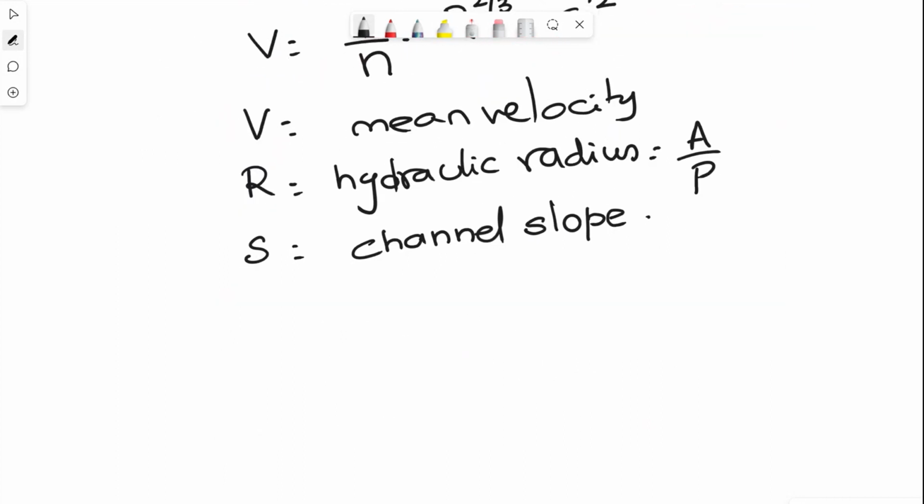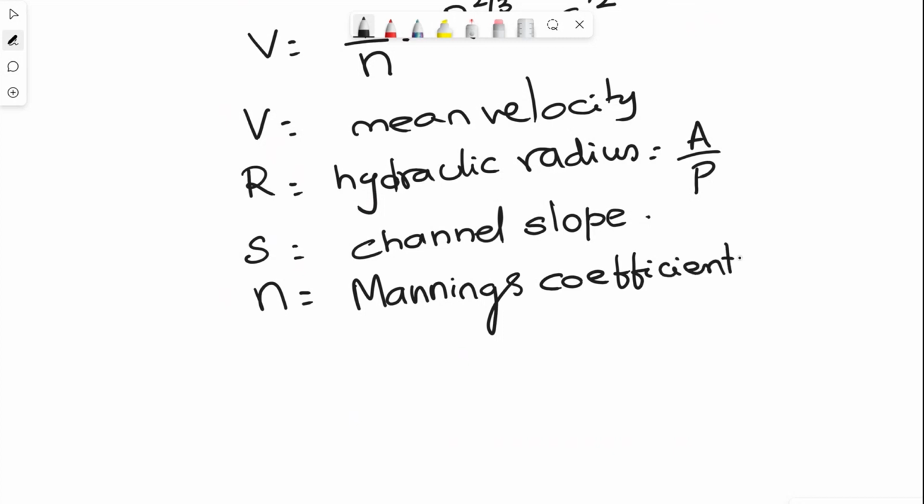These are the three. And what is N actually? It is Manning's coefficient. These are all the things first.